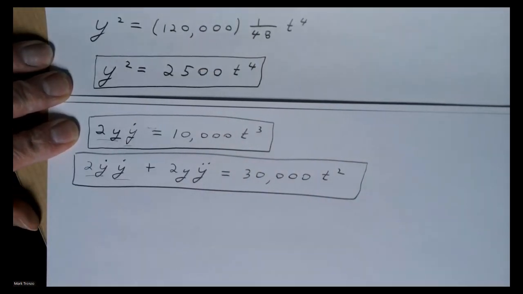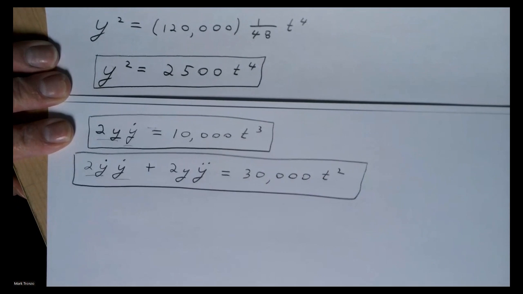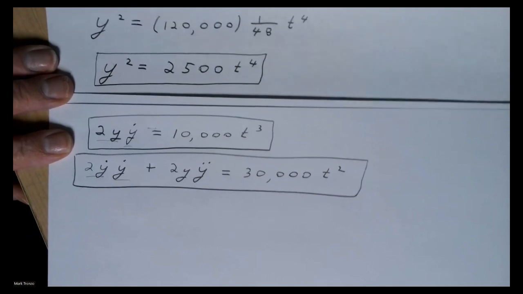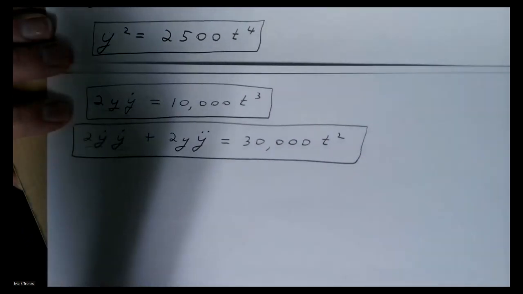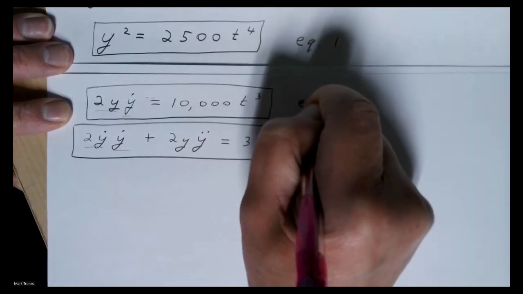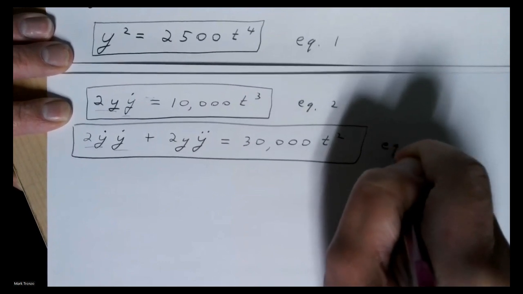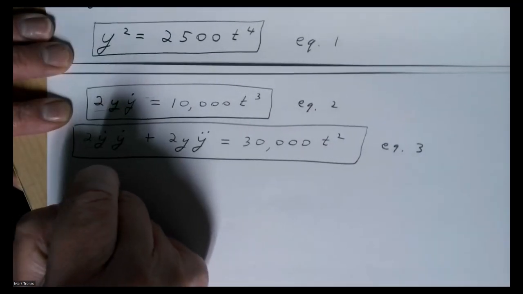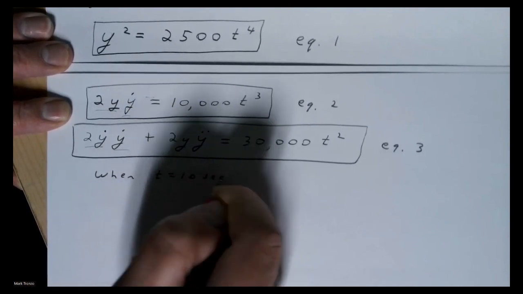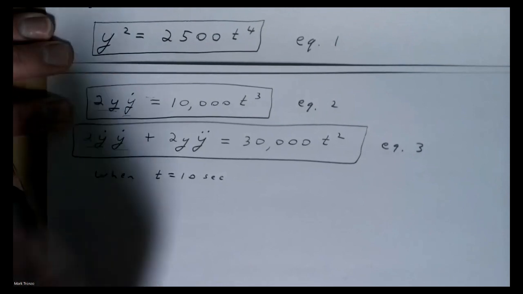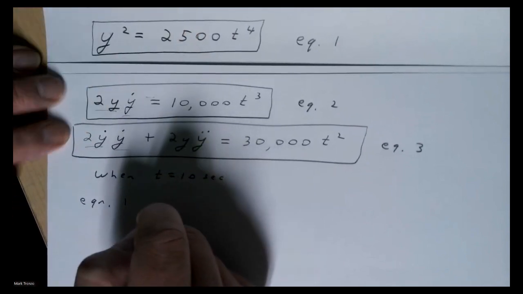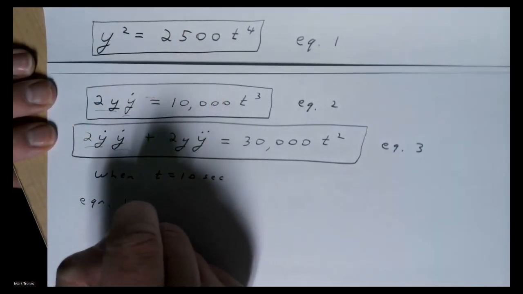So we want to find what's happening when t is equal to 10. So first, let's find out the y values when t is equal to 10. So we can just substitute into these. We can just use equation 1, equation 2, equation 3. So when t is 10 seconds, if we use equation 1, we can just plug stuff in. I guess that's equation 1 right there.